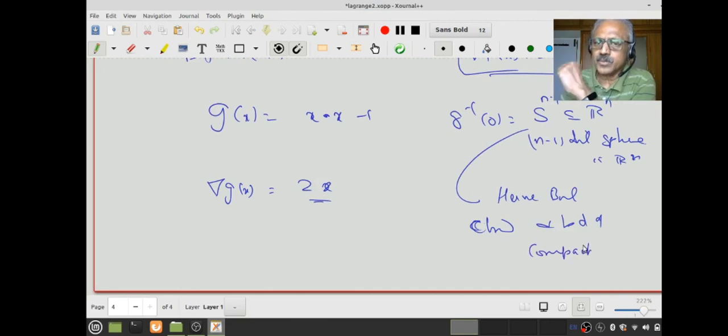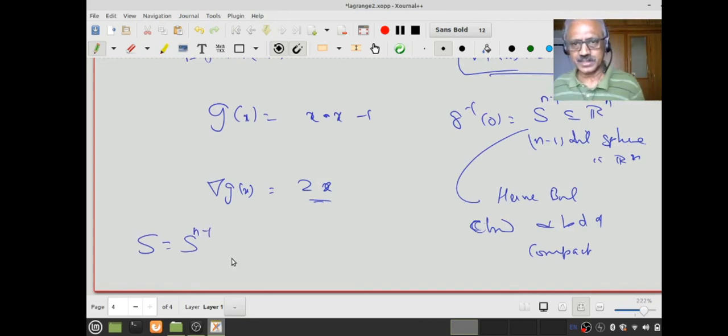Since it's compact, what do I know? Now notice that my S equal to S^(n-1) is a compact set. It's not open or anything, it's a closed and bounded set. And the function f, which is continuous and differentiable on all of R^n, when restricted to this set is again continuous.